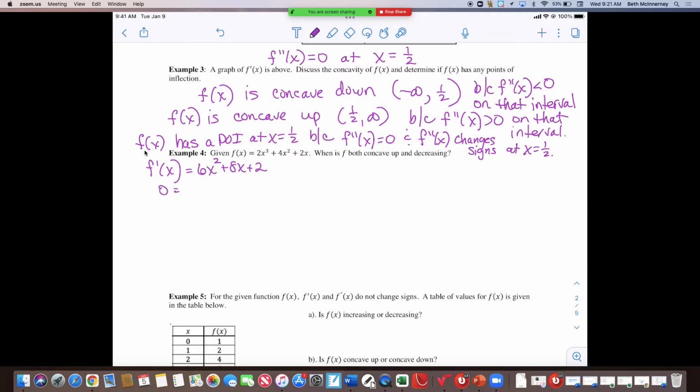I'm going to set it equal to 0 and find the critical points and help me find a number line for increasing and decreasing. You do know if I set it equal to 0 and that's an equation, I can divide out a common GCF. So I'm going to divide by the 2 at the same time. And this is going to factor beautifully. So I'm getting critical points at x is negative 1/3 or x is negative 1.